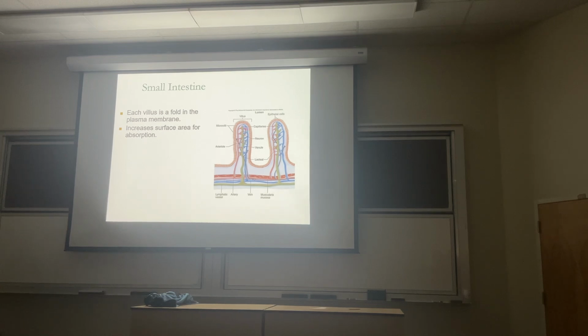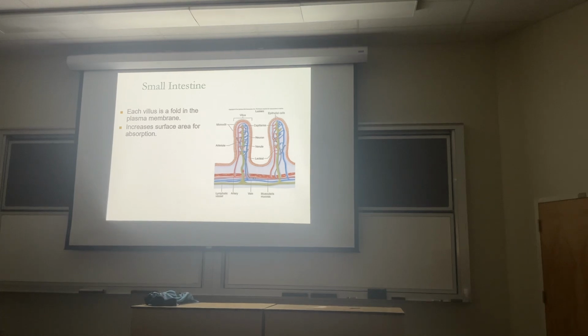And the lymphatic vessels here in the villi are called lacteals. So they have that special name. We looked briefly at them when we looked at the cardiovascular system to see what a lymph vessel looked like. So we'll see that again.